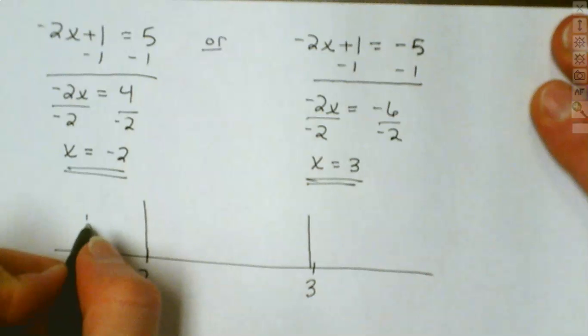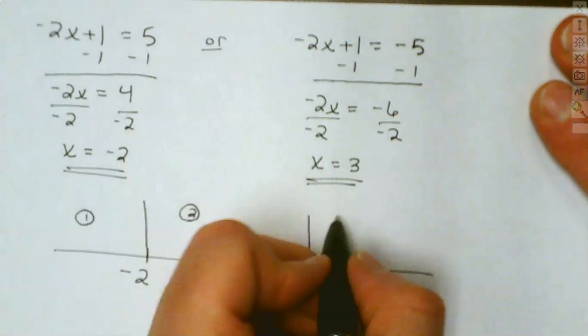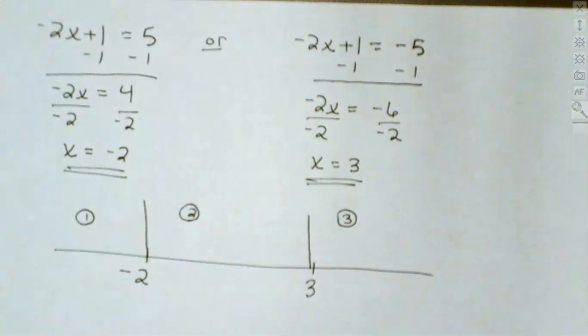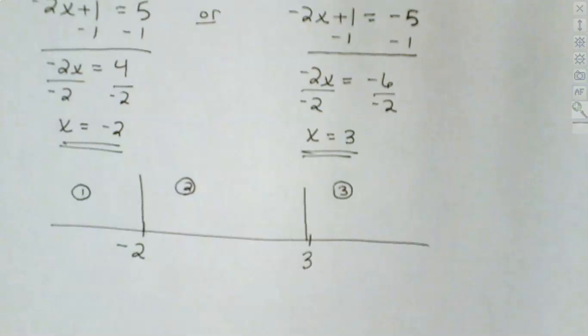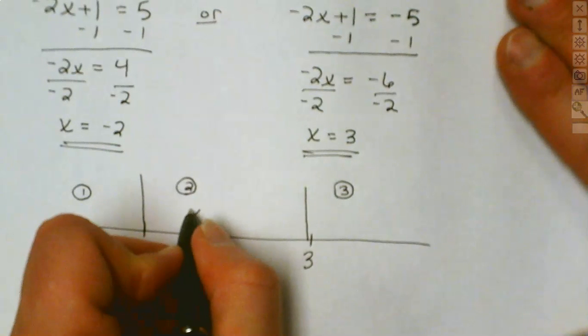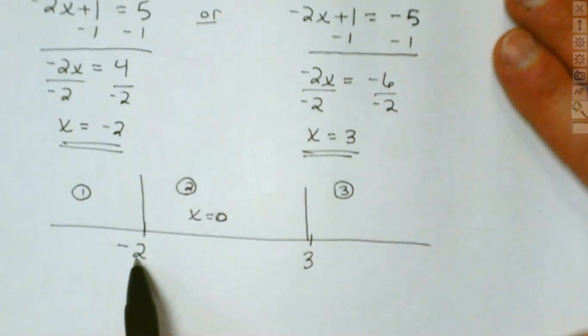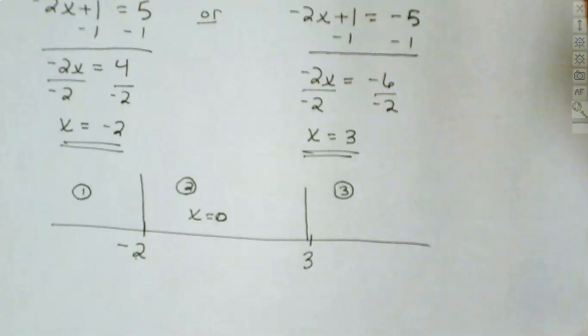We've got 1, 2, and 3 regions. Where's my 0 at? Well, 0 again is going to fall right in the middle, isn't it? Because it's in between -2 and 3. Is everyone okay with that so far?